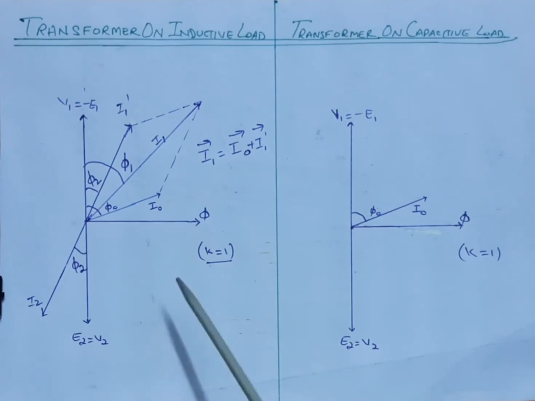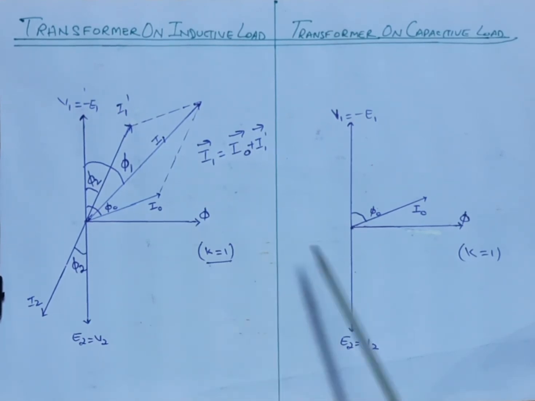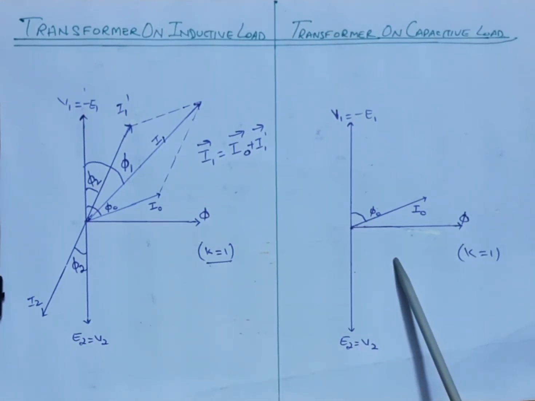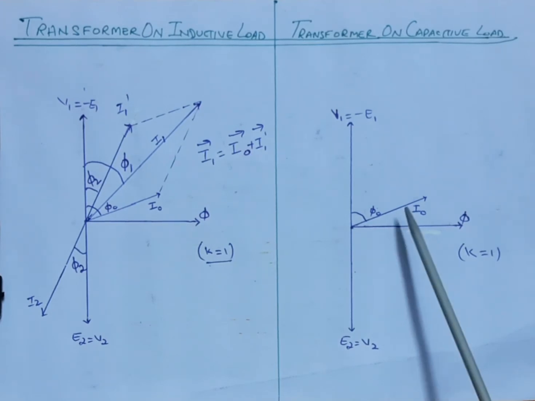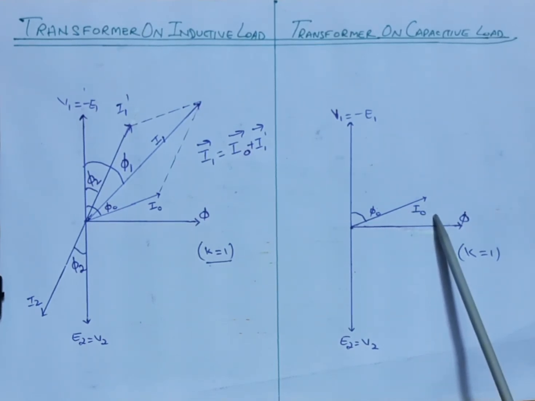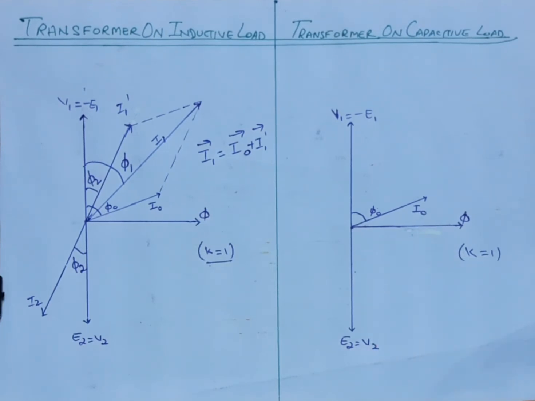Now we have already made the diagram for the inductive load. We will load the transformer with a capacitive load. In this diagram we can see that at this moment the transformer is not loaded, so there is only the no load primary current I0 flowing in the transformer. Let us load the transformer, and as the load is going to be a capacitive load, the current will lead the voltage.